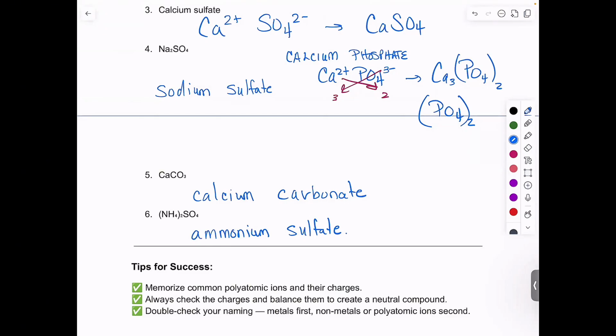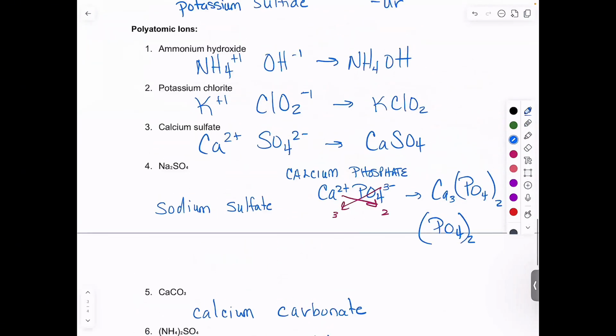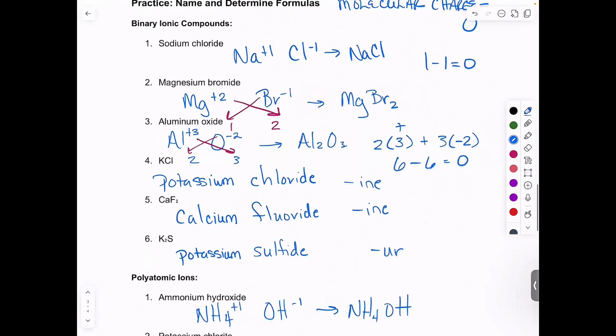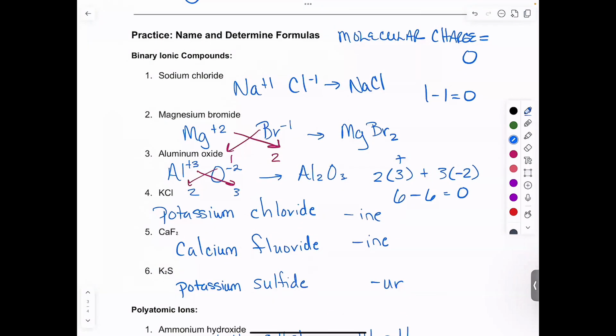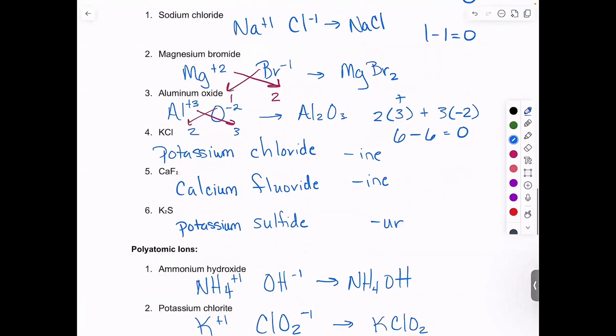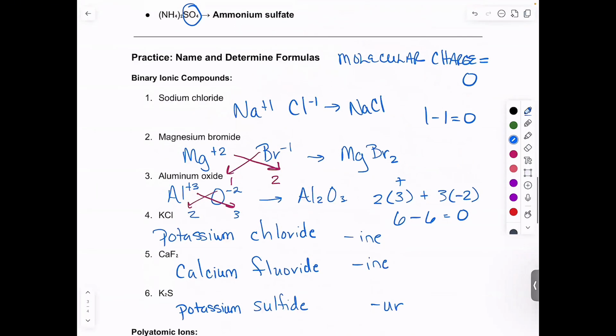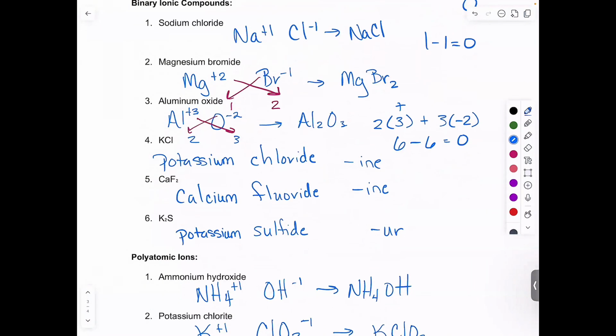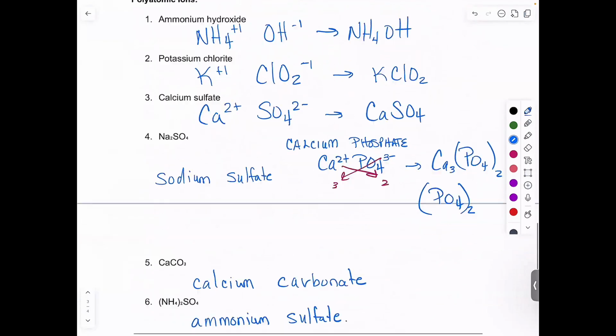You don't need to alter it. The only time you alter an ending is when you're doing binary, just 2 single elements, a metal and a non-metal. You need to throw that "ide" in there, and that's how you differentiate the 2 types. If you see "ide," you never want to put in a polyatomic ion. That's a big no.